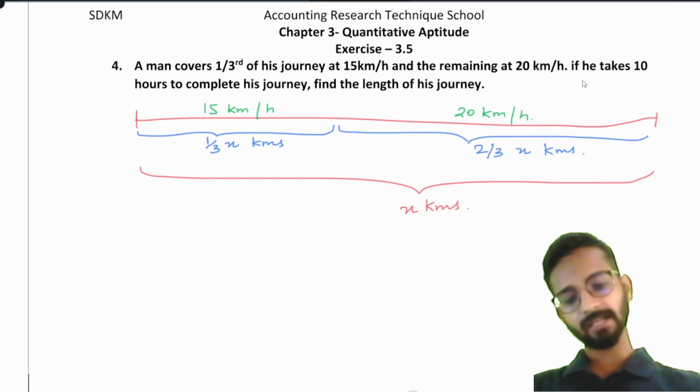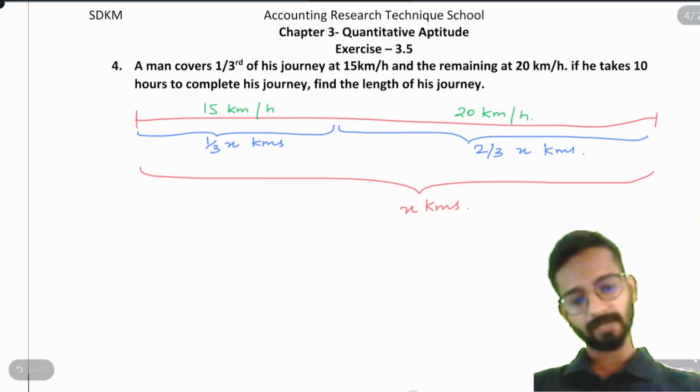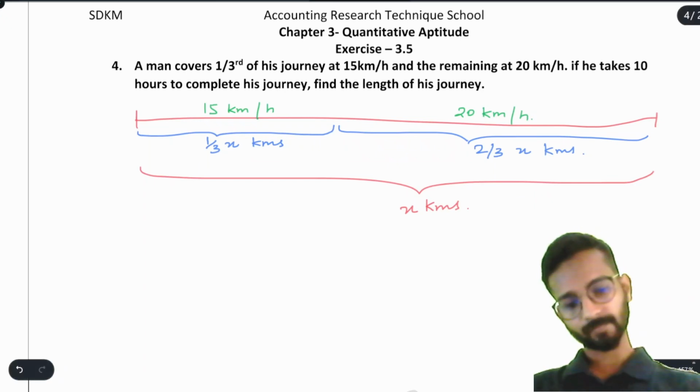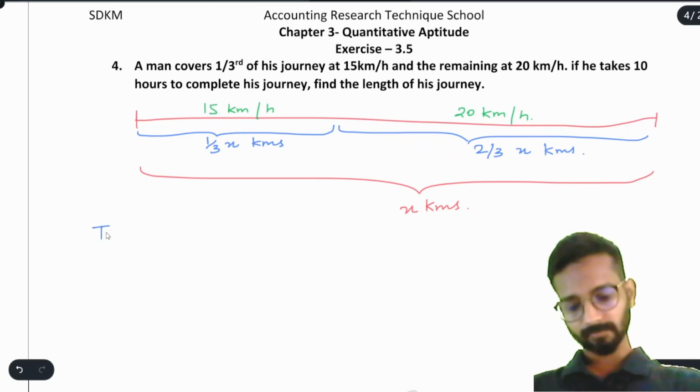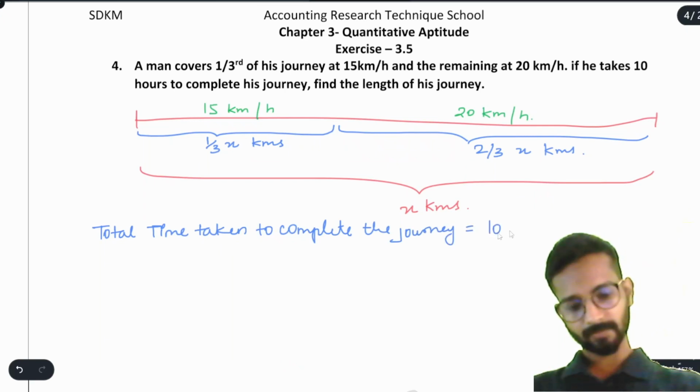If he takes 10 hours to complete the journey, 10 hours means the total time taken to complete the journey is 10 hours.